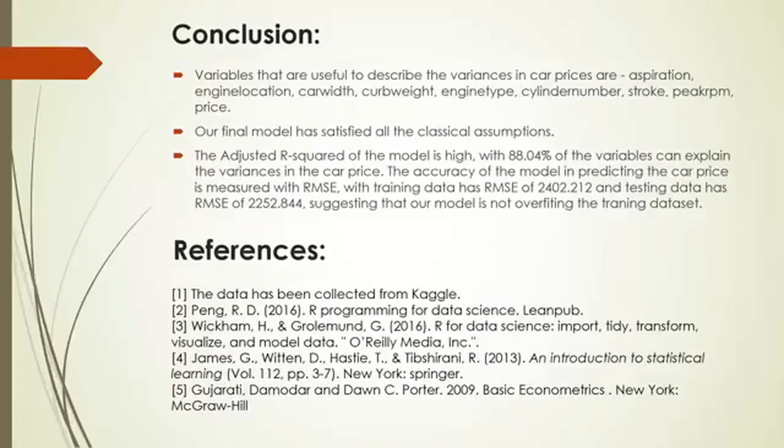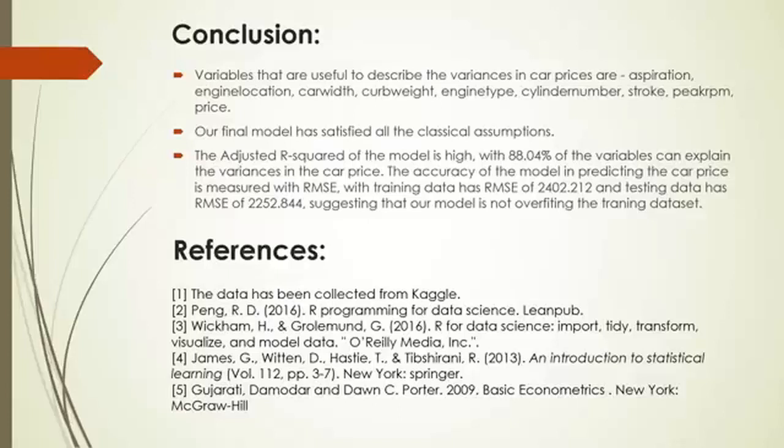Conclusion. Variables that are useful to describe the variance in the car price are aspiration, engine location, car weight, engine type, cylinder number, stroke, peak RPM, price. Our final model has satisfied all the classical assumptions.